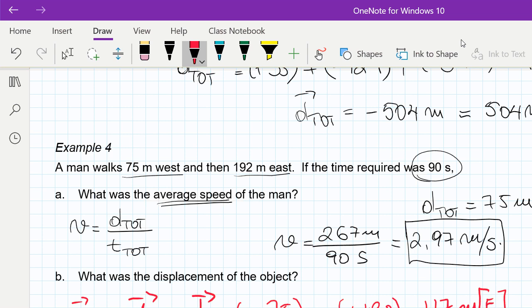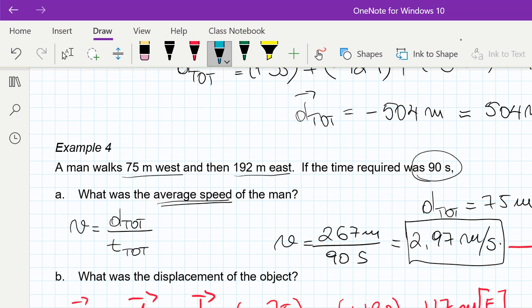When you divide the two together, you will have 1.3 meters per second going east. So speed for the same motion is 2.97. You can say 3.0 to consider the sig digs.